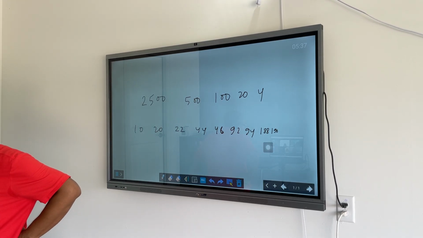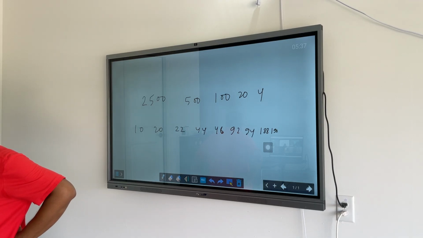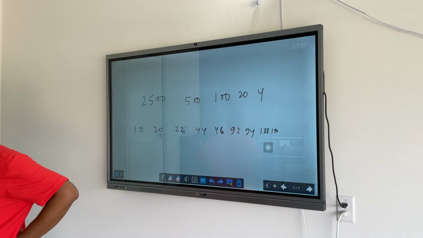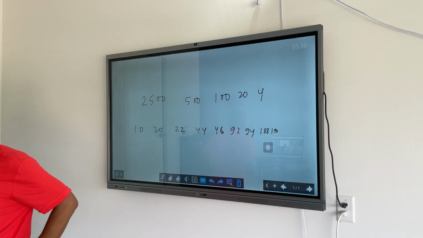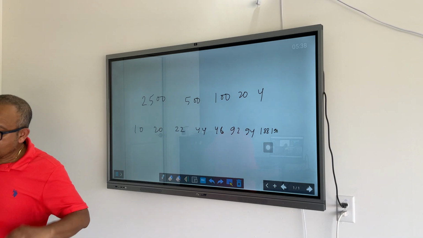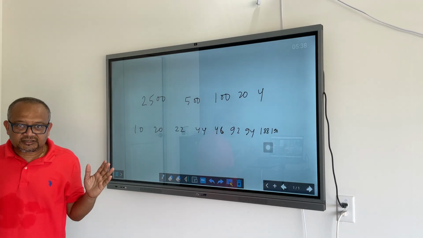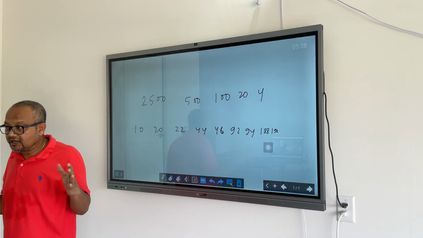Divided by 5. Pattern. Okay. So there's a pattern in the second one that I think it would look like.